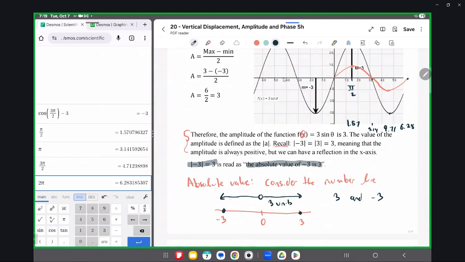The answer is, as you might have guessed, not -3 units, but 3 units. That distance is still 3 units. When we read the absolute bars, this is also read as the magnitude, or perhaps another way to think about this is the distance. And you can't have a negative measurement.